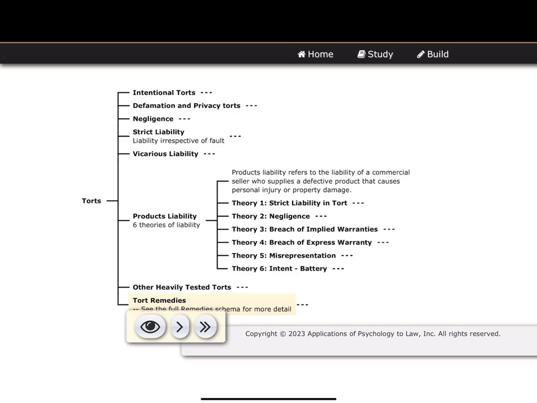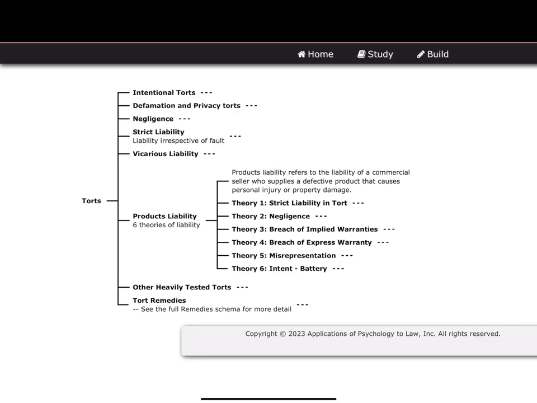Because on the California bar, and I'm sure on most bars, it's not enough to know the law. You have to be able to grab all of the facts that are relevant out of that hypothetical and use them. On the California bar, there are very, very, very rarely irrelevant facts. For the most part, in our hypotheticals, every single fact is legally relevant and should be used in your analysis of some issue.